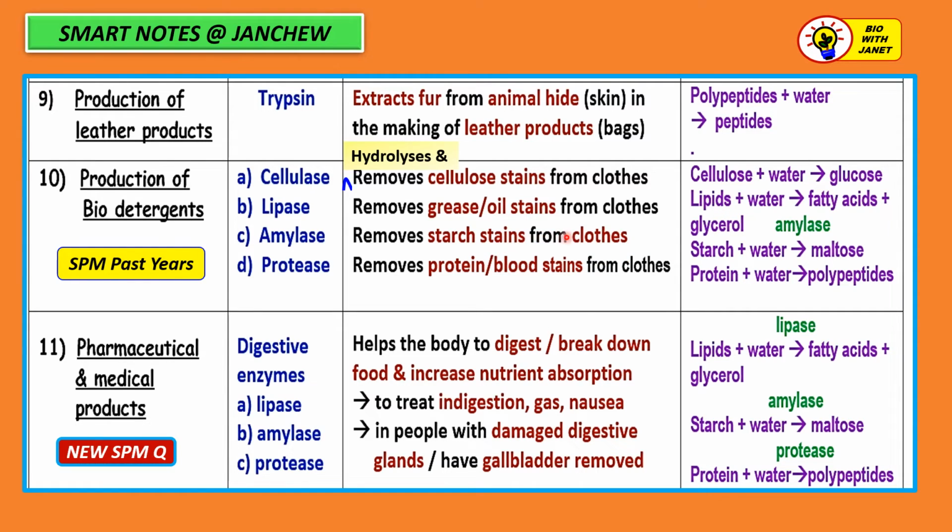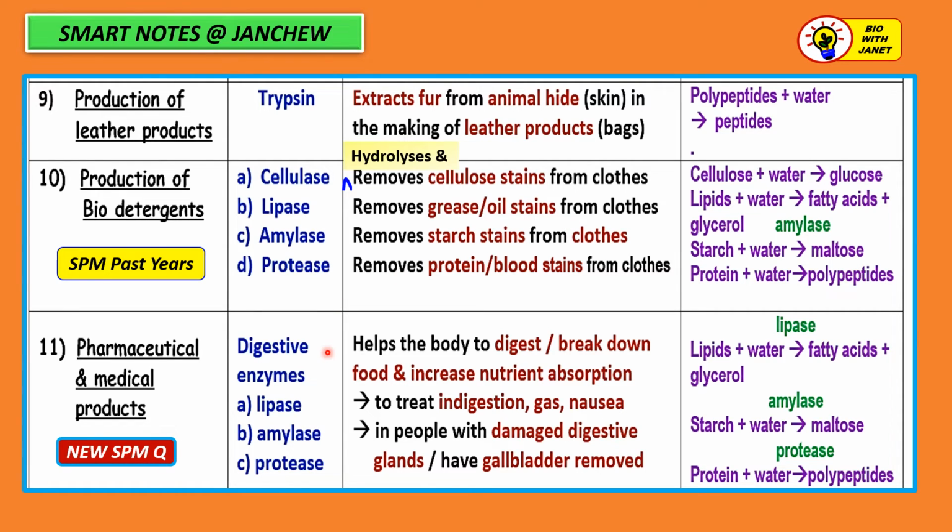Amylase is used to remove starch stains from clothes, like gravy and so forth, by digesting starch into maltose. And protease is used to remove protein or blood stains from clothes by digesting the protein in blood stains into polypeptides. Then all these products are soluble in water, so they are washed off.